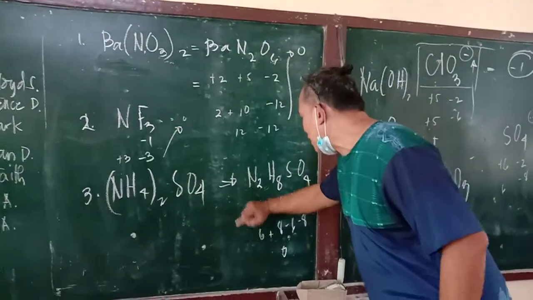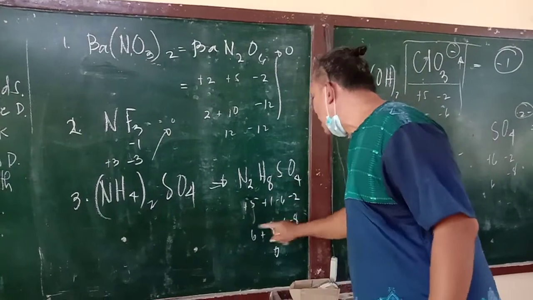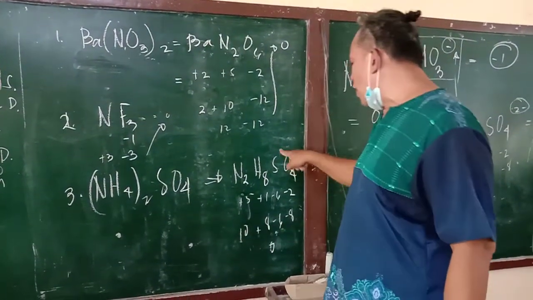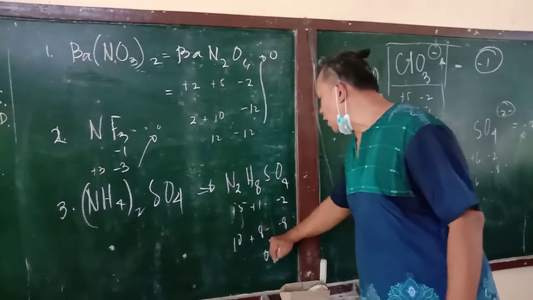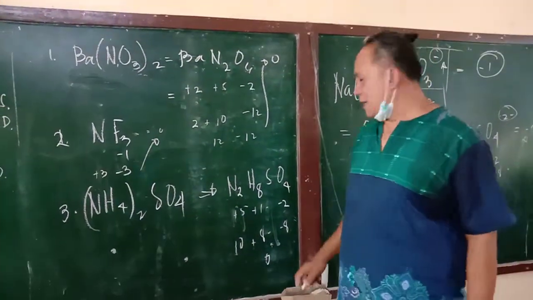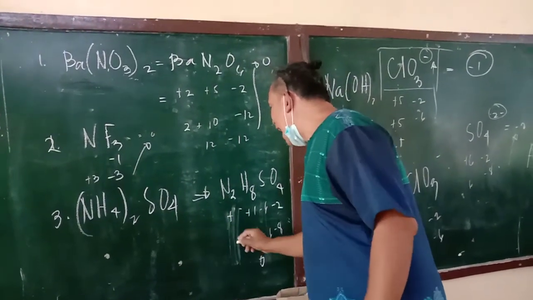Let us try positive 5. So this is 1 times 8, so this is 10. Dili mahimo siyang 0. So 6. Okay.